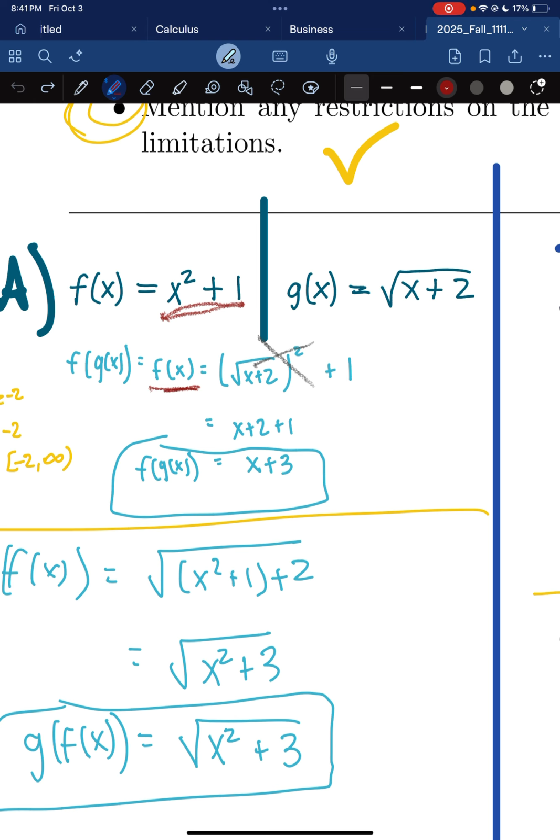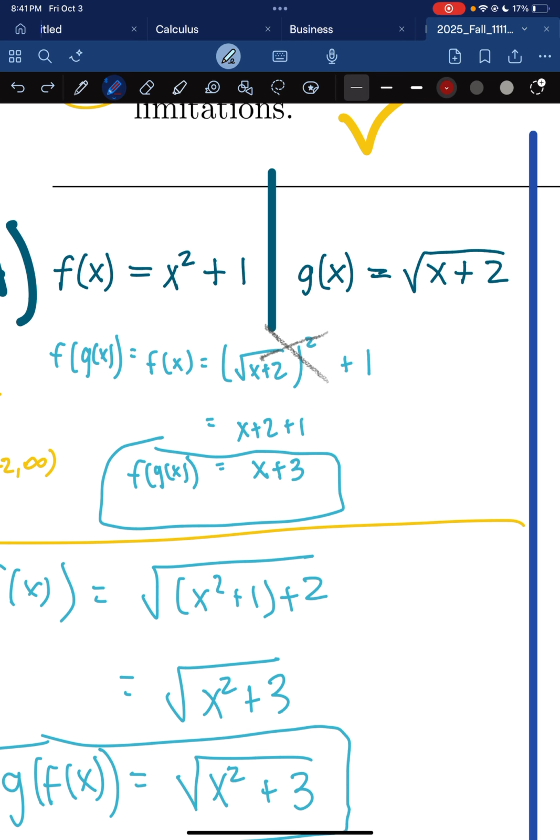So the easiest way that I think to do this is, we write out x squared plus 1. To find f of g of x, we have to plug g of x, which is square root of x plus 2, into the x for f of x, okay?